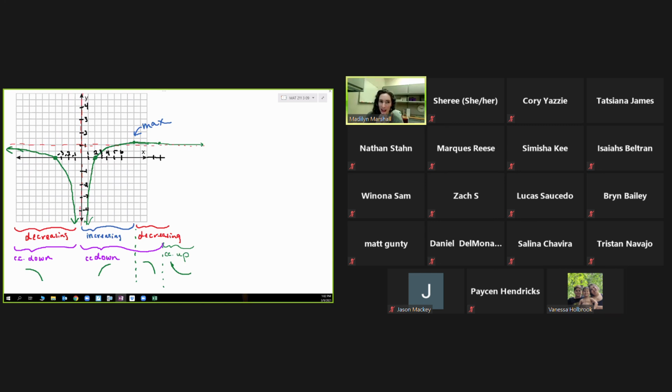And so I want to bring this graph up on Desmos also so that we can kind of zoom into that weird max inflection point area because it is hard to draw nicely.